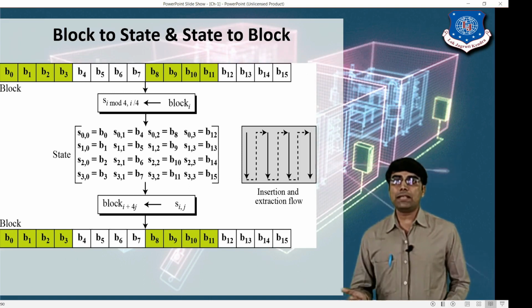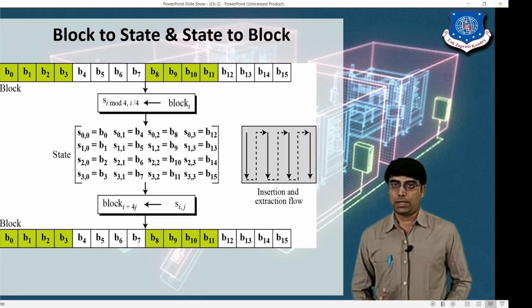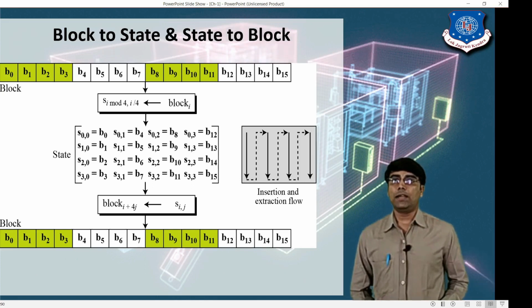It means the key is defined as words. So if we consider S of 0,2, it means the 0 state and the second word. Like this you can read this state.